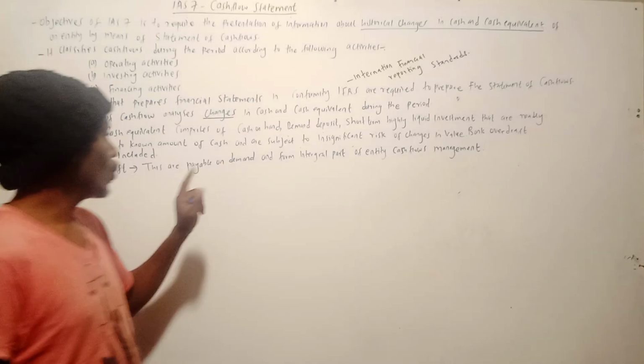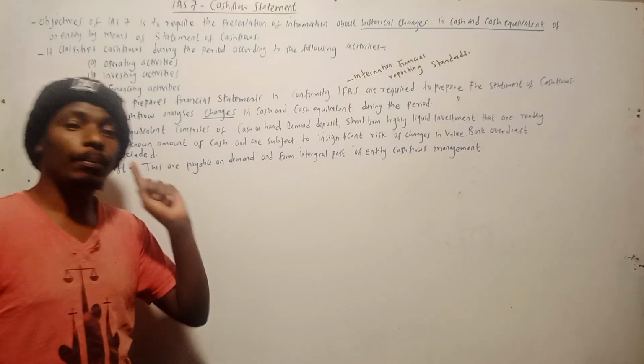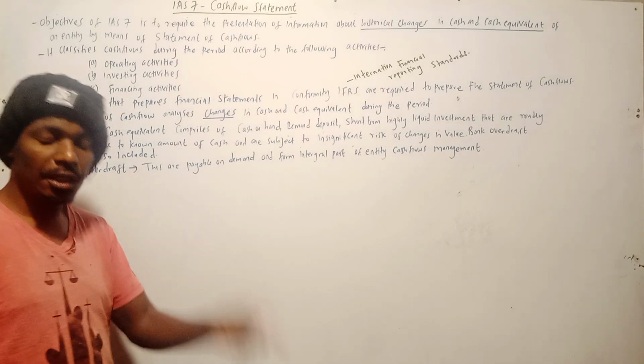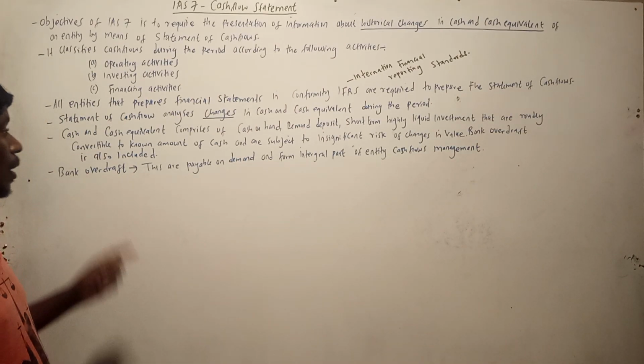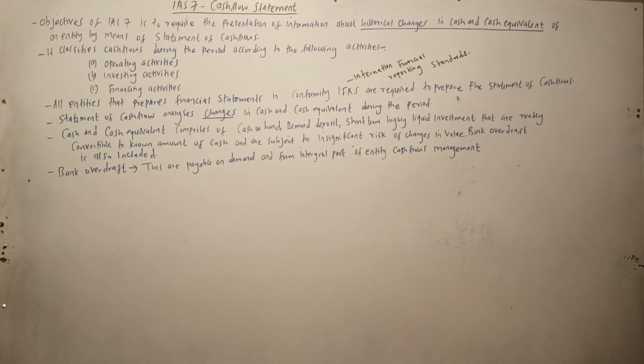Because they are payable on demand, it means it forms part of cash and cash equivalent. These are payable on demand, and therefore we shall record them in the cash flow statement.